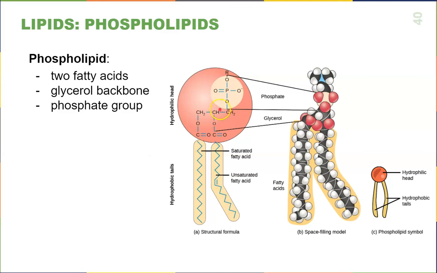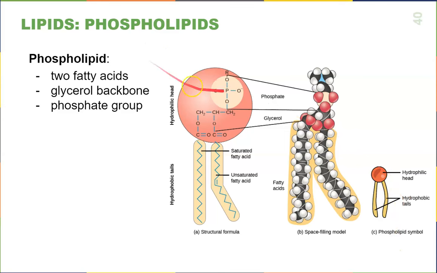So they have that glycerol backbone, but instead of that third fatty acid tail, they have this part instead, which is a phosphate group. So that makes them have a few different chemical characteristics.